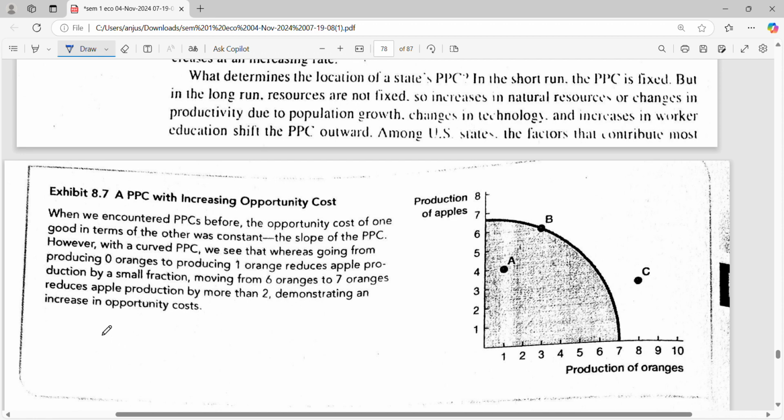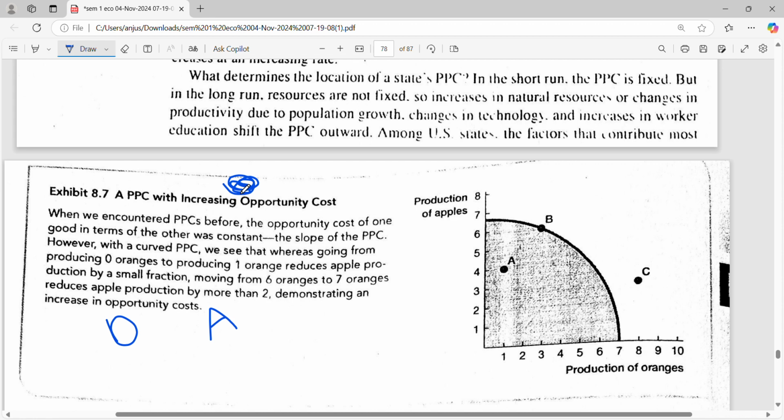Let's say of two fruits, one is orange and another one is apple. When you produce 0 oranges, like when you produce 1 orange, you have the same amount of resources, and when you put these resources into the production of 1 orange, you reduce apple by a small fraction.